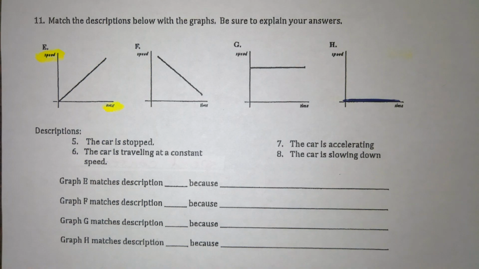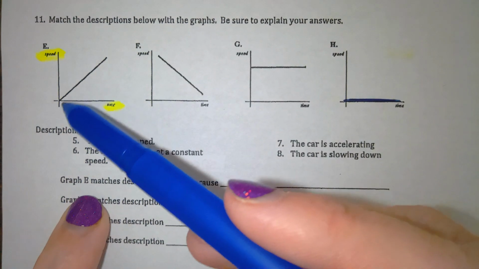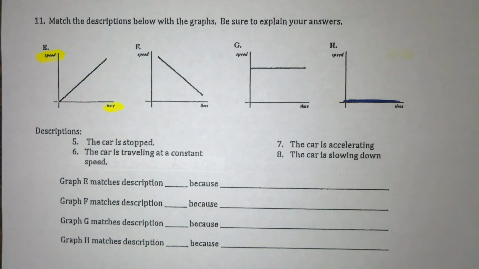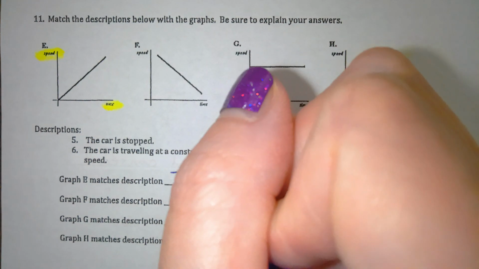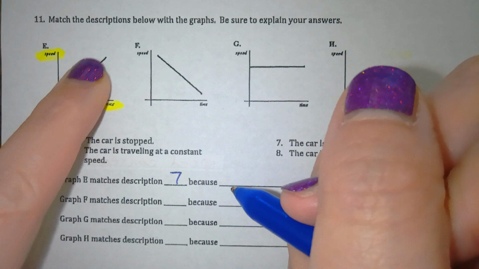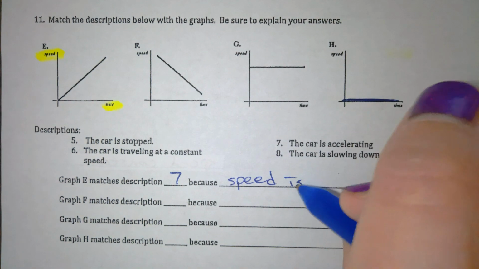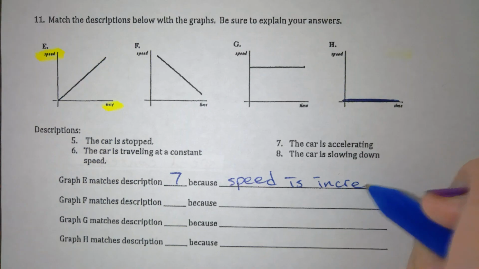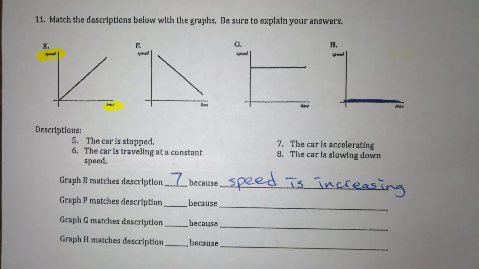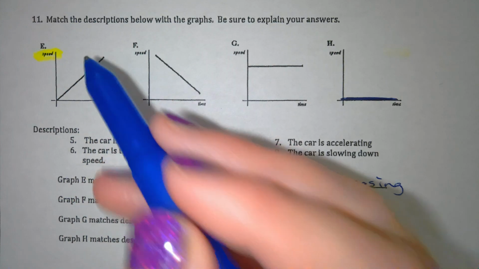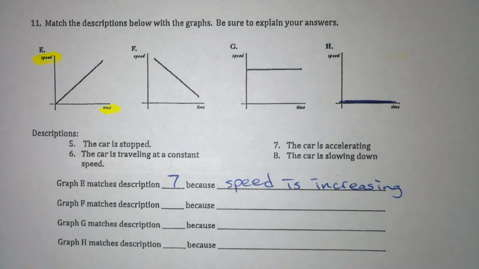Okay, so James, this graph right here, graph E. What's happening? It is accelerating because the speed is increasing. Alright, because this is a speed versus time graph. So as time goes, what happens to your speed? It's increasing. Alright, what about this one?